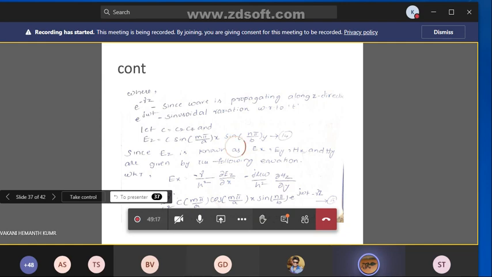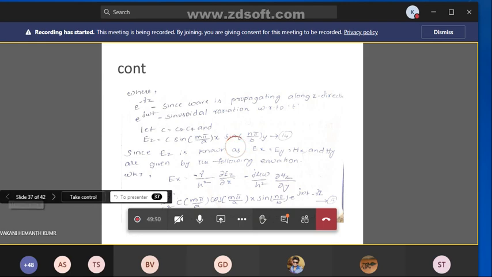So Ez equal to C sin m pi by a x sin n pi by b y, right? It is the Ez equation. So substitute this Ez equation in the Ex equation.